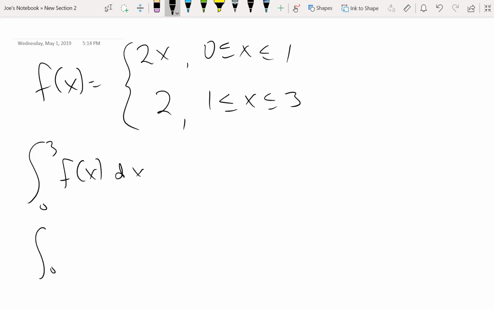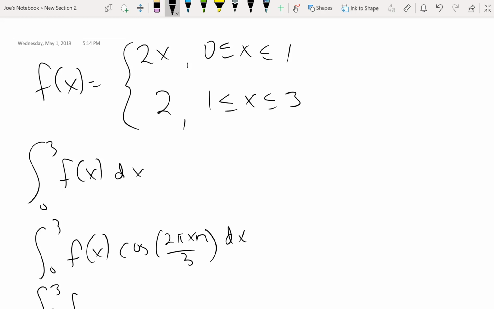I've got to do the integral from 0 to 3 of f of x times cosine of 2 pi x over 3 times n, since the period's 3 here instead of 2 pi. And I've got to do the same thing for sine. I need to compute those three integrals.